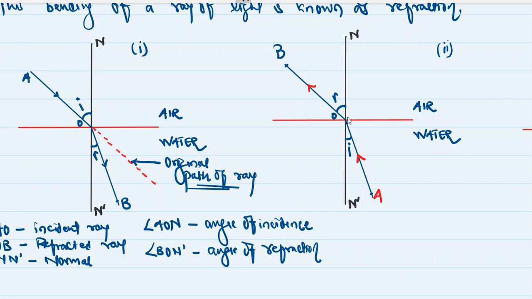If you want to understand what the original path is, I will show you. First, let me sketch the dotted line which is required to understand the original path of light.